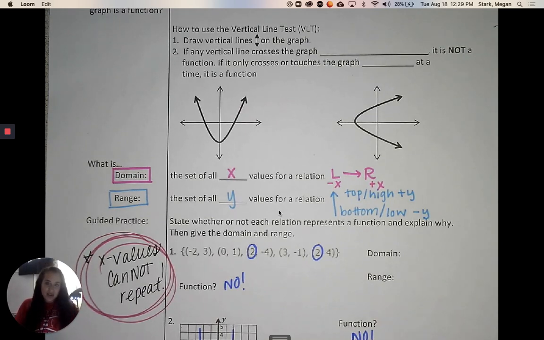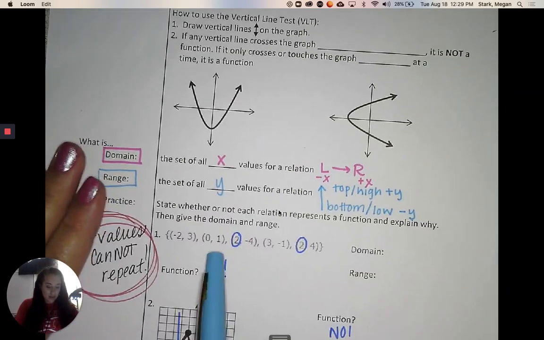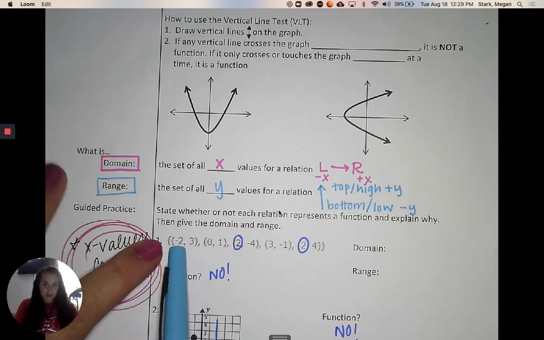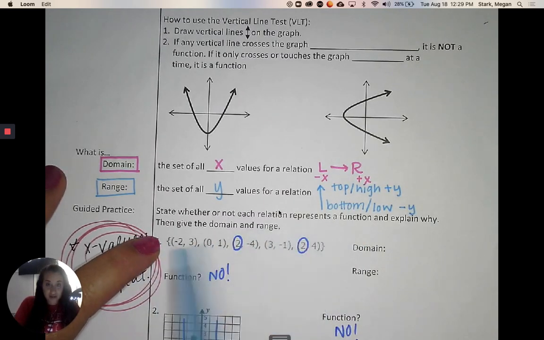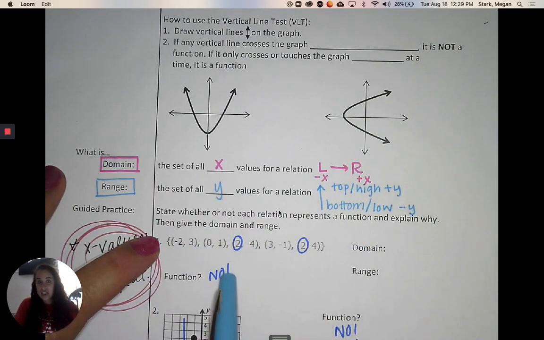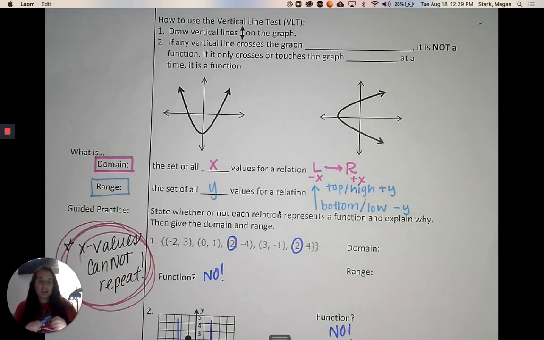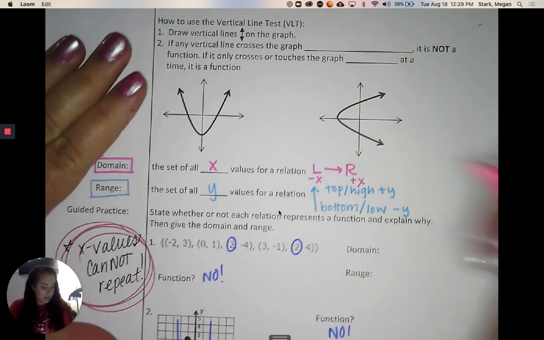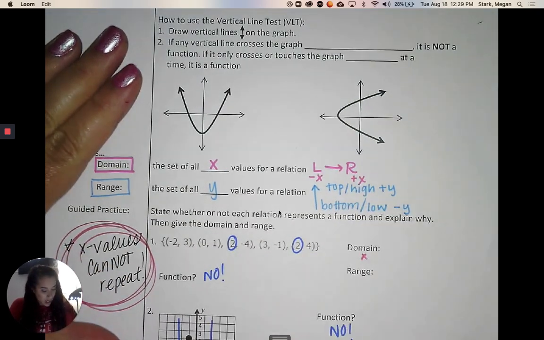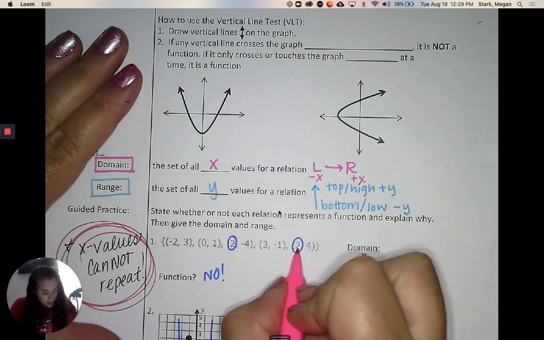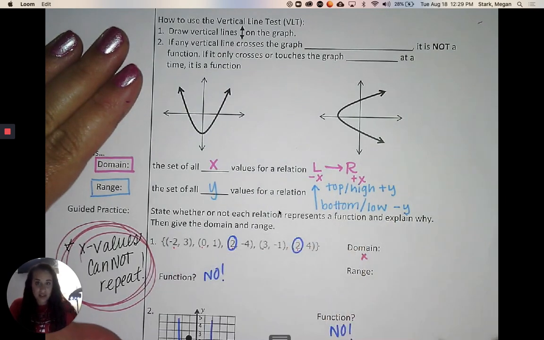Okay, so looking at example 1, we have all of our points, our relation. Well, we said it wasn't a function, so now we're going to figure out the domain and the range. So domain is all of our x values from smallest to largest. Our smallest x value is -2.